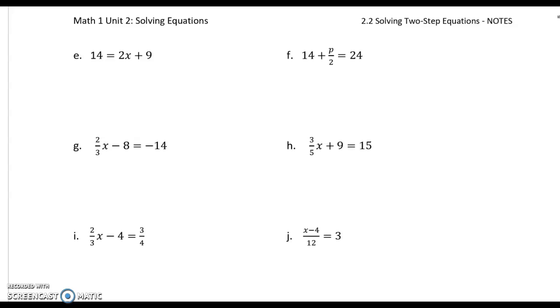All right, so again, if you look back at the notes on the previous page, it said that we're going to clear out fractions by multiplying each term in the equation by a common denominator. Well, there's only one fraction, so there's only one denominator, and that denominator is 2. So to clear out the fraction in this equation, we're going to multiply every term by 2.